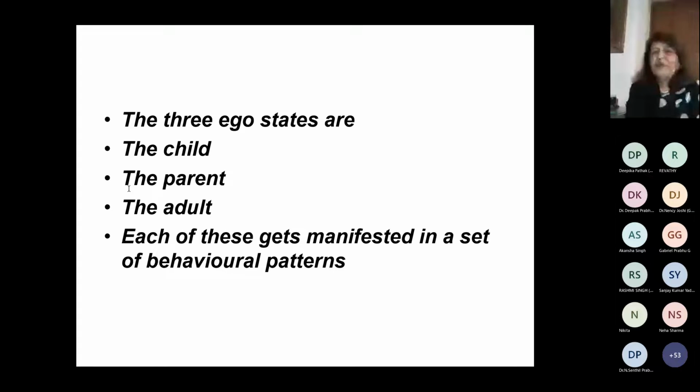We have the child ego. Child ego state is a storehouse of childhood experiences, and it is retained till adulthood. Now, the dominant character of this is these people are very spontaneous.